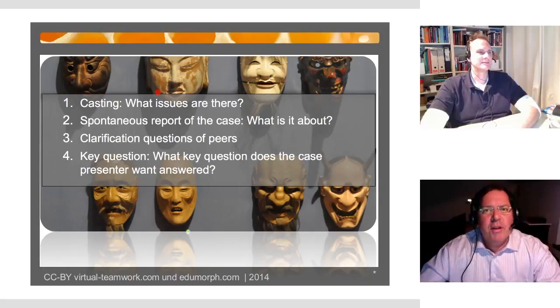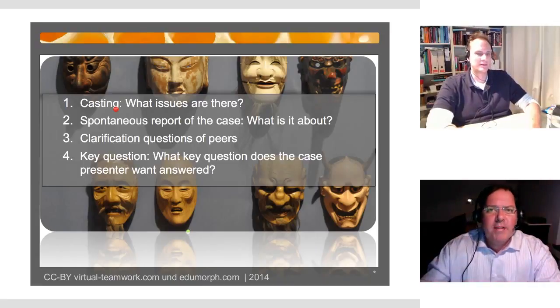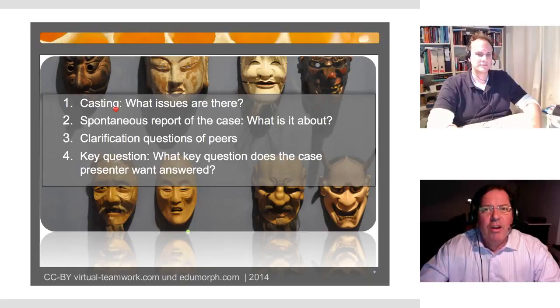The first step in a peer advice session is casting, which we're doing in the database that Stephan has set up, finding out what kind of cases are really out there in general, and collecting some keywords on the different types of cases, and thinking about which ones are most appropriate, which ones involve human interaction and human relations in social systems.